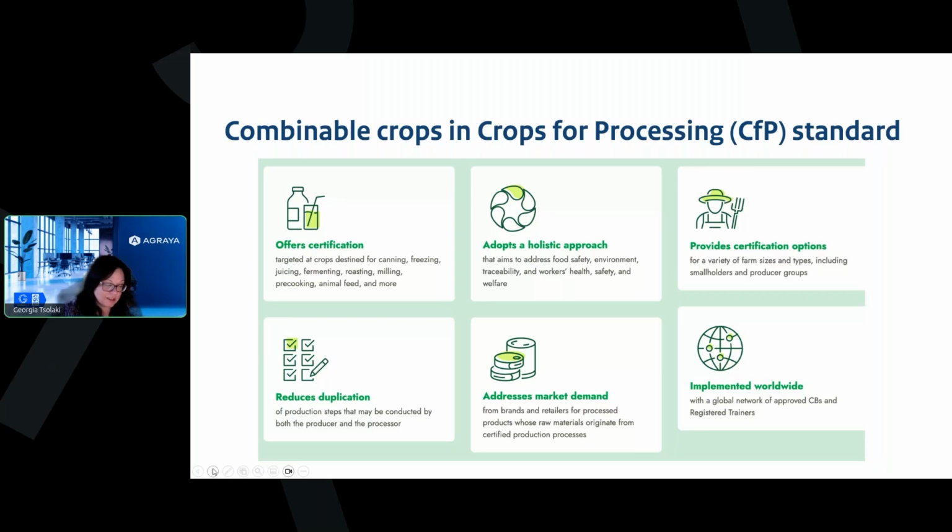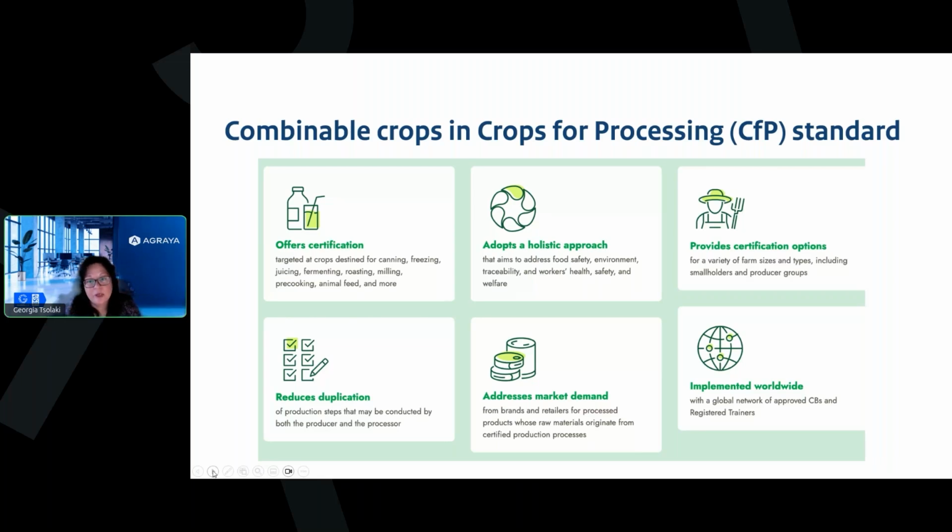Here we address farm-specific level risks, and some of the risk controls are taken over by the processors, the next step in the supply chain. This is the difference compared to IFA. In IFA, the farmer manages all the risks, but here the mitigation of some of the risks is transferred to the processors at the next level, because the products in the Crops for Processing solution are always processed after harvest.